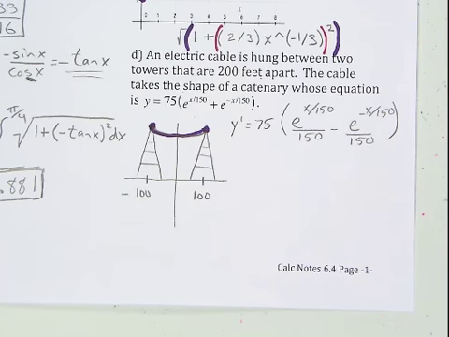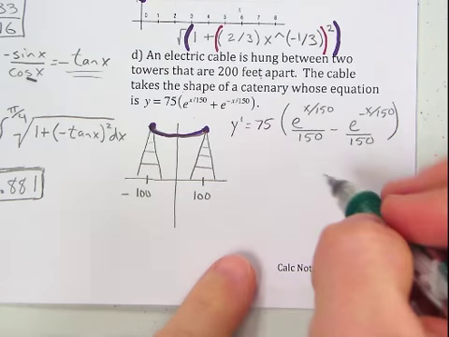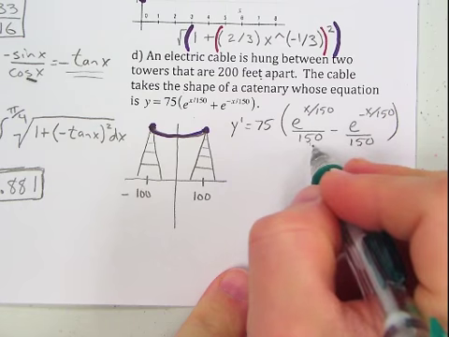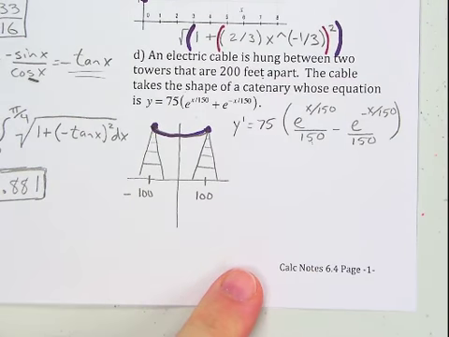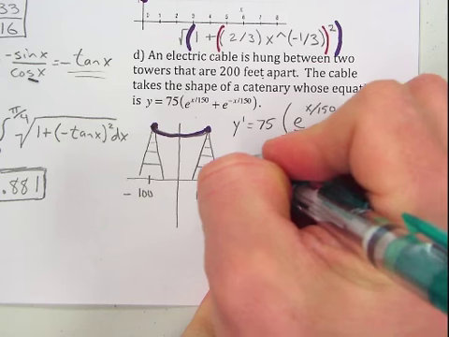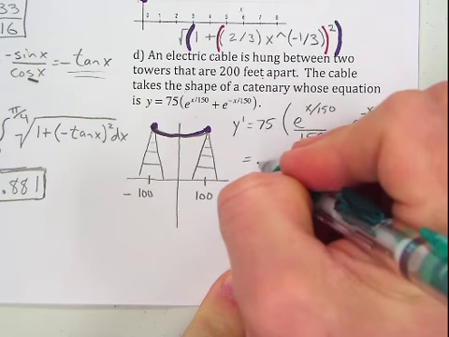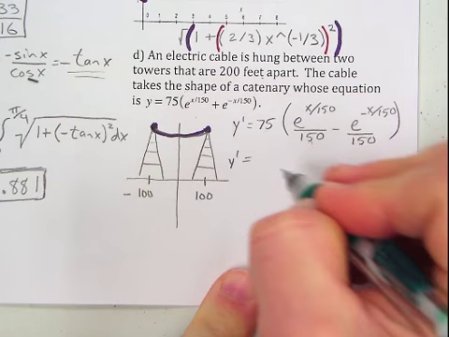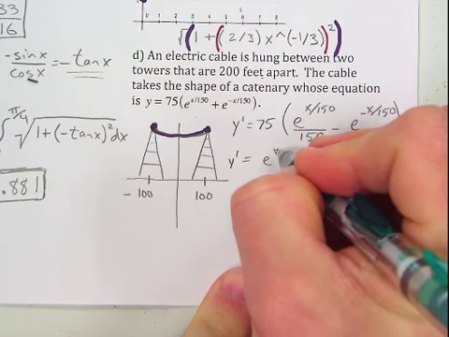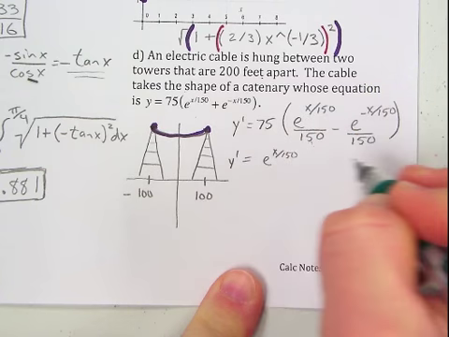Is everybody okay there? So you can type this in. We could simplify this a little bit, because notice we could factor out 1 over 150. And so it's really 75 over 150, which is 1/2. Put the whole thing over 2. So e to the x over 150 minus e to the negative x over 150, over 2.